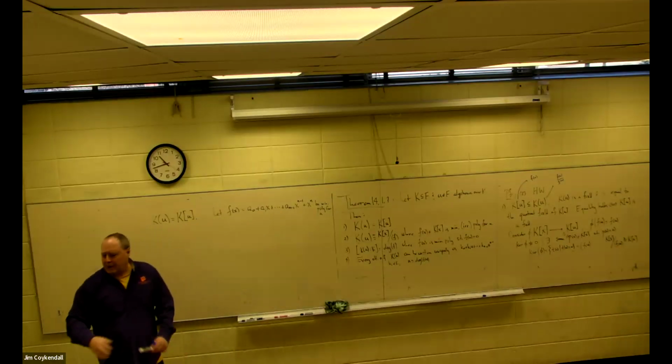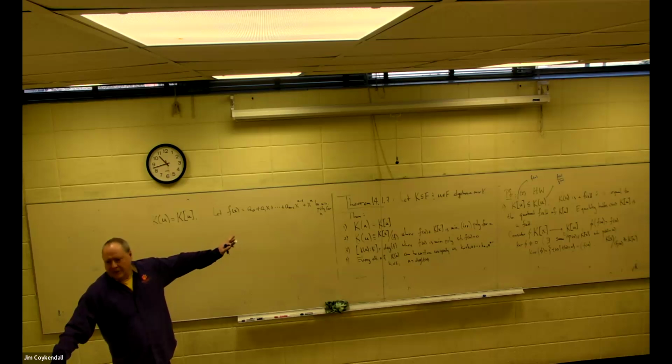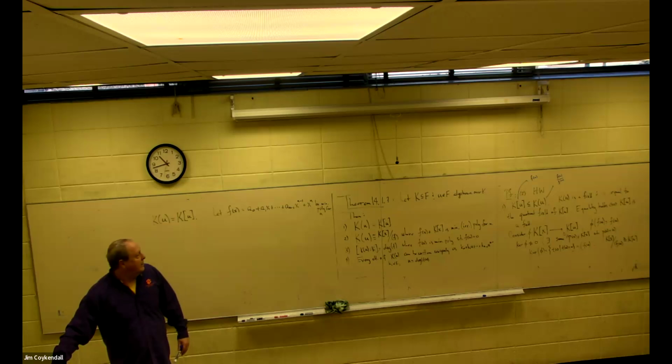Notice that I assume that this polynomial is monic. It doesn't have to be, but I do want the coefficient of x^n to be non-zero, and if it's non-zero, I'll just divide out by it. It doesn't make any difference. It's still the minimum polynomial. Are you okay with that?